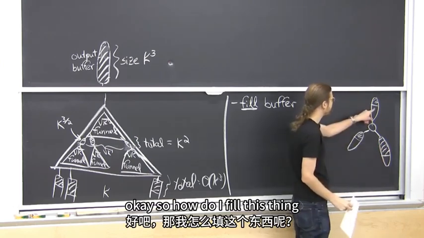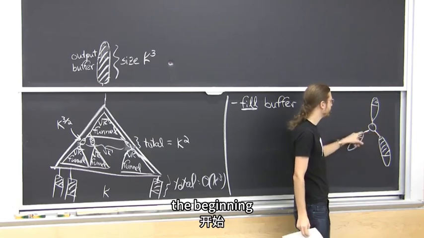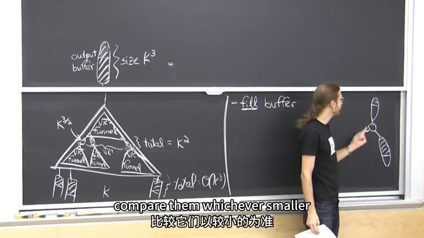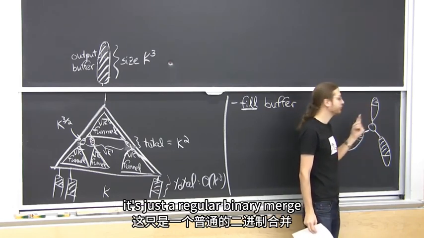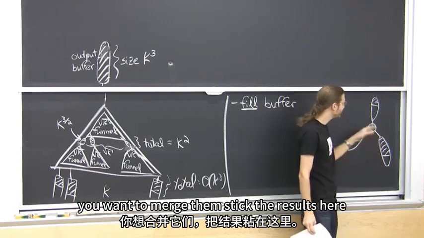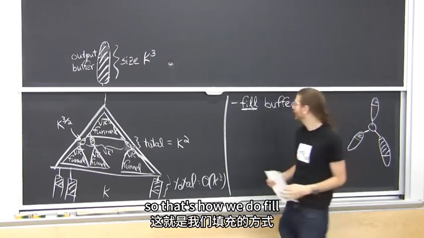Okay, so how do I fill this thing? I just read the first item, the smallest item for each of these, compare them. Whichever's smaller, I stick it here. It's just a regular binary merge, which is kind of cool. You've got two arrays, you want to merge them, stick the results here. So that's how we do fill.